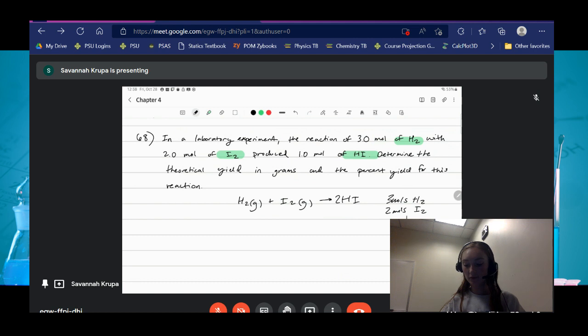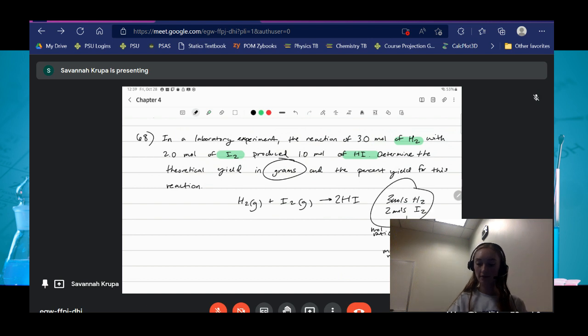But it doesn't just ask for the moles of HI, it asks for the theoretical yield in grams. And so after we go from moles of H2 to moles of HI, we'll need to use a molar mass to then get to grams. Let's write that down. And then molar mass will get us to grams of HI.